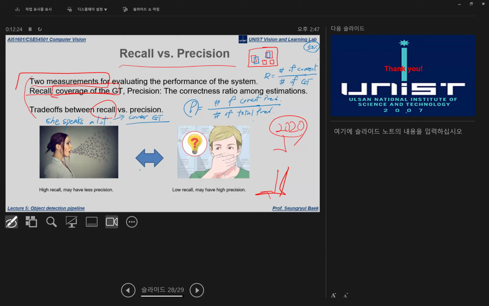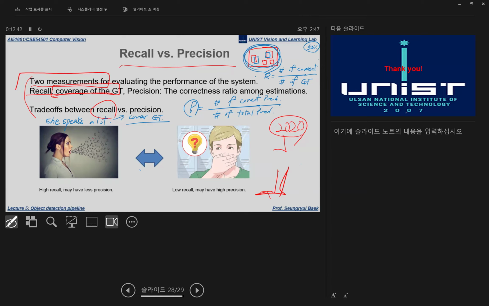So if our object detection algorithm predicts lots of bounding boxes, then there would be a high probability of capturing the correct bounding boxes.